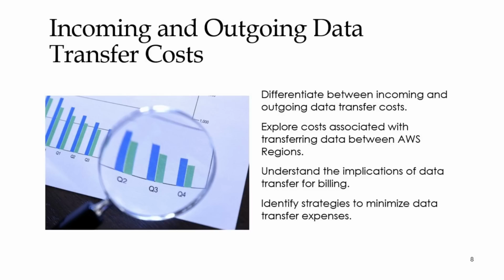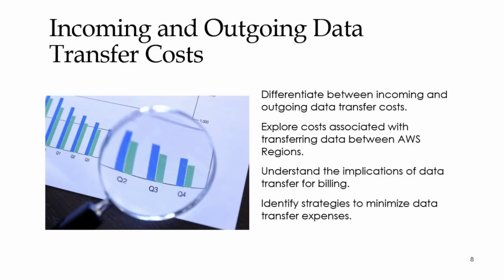For example, transferring data from an EC2 instance in one region to your on-premises data center will incur data transfer charges. These charges can be significant. Similarly, serving content to users from an S3 bucket will also result in data transfer costs. These costs can impact your overall budget.